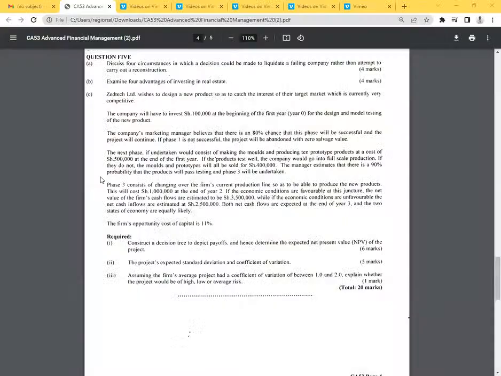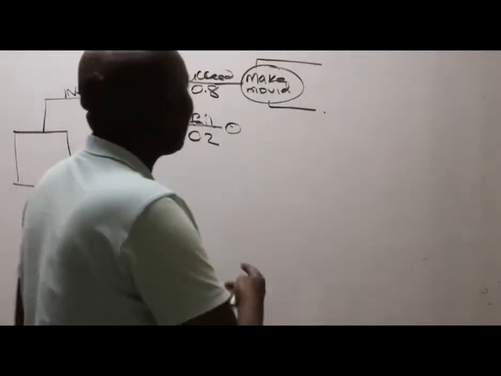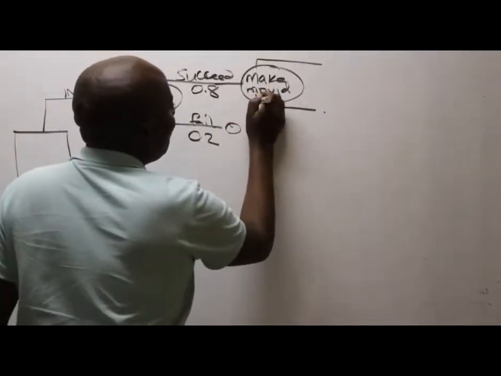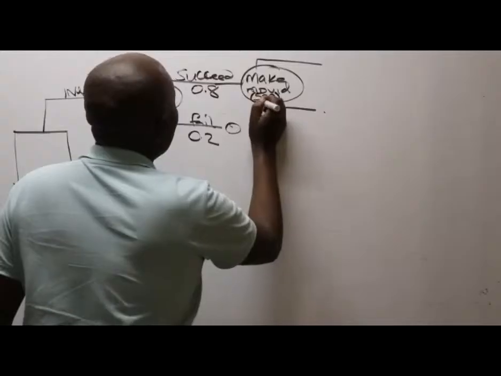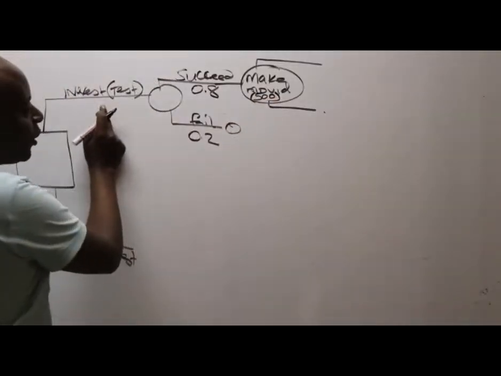That circle is premised on what we are told here, that the next phase, if undertaken, would consist of making the molds and producing 10 prototype products at a cost of 500. Let's capture this cost of 500. So the cost of making the molds is 500. I'll put this in brackets. And that reminds me that the testing cost has to be put.